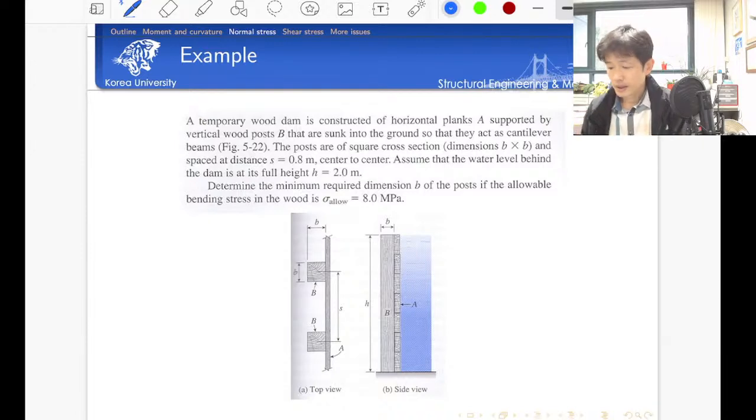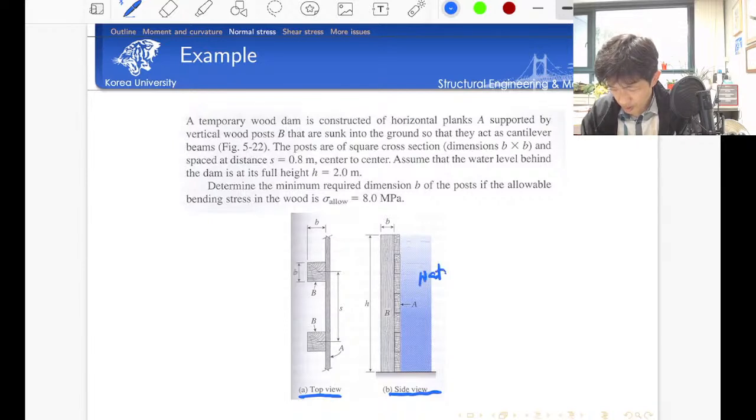Okay, this is a temporary wood dam problem. For example, this is the top view of the wood dam, and then this is the side view of the wood dam. Make sure that we have water here.